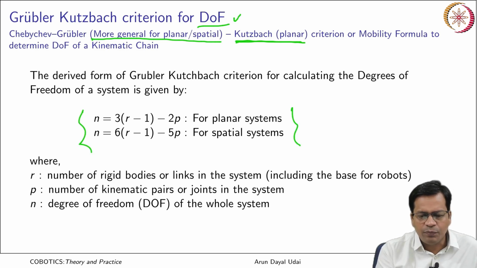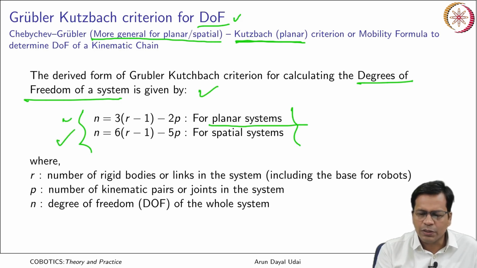The derived form of the Grubler-Kutzbach criterion for calculating the degrees of freedom of any system is given by this and this. This one was given by Kutzbach and is only for planar systems, whereas the second one was an extension of this, given by Grubler later on, which is also applicable to spatial systems. So, that is for 3 dimensional and this is for 2D planar systems, okay.